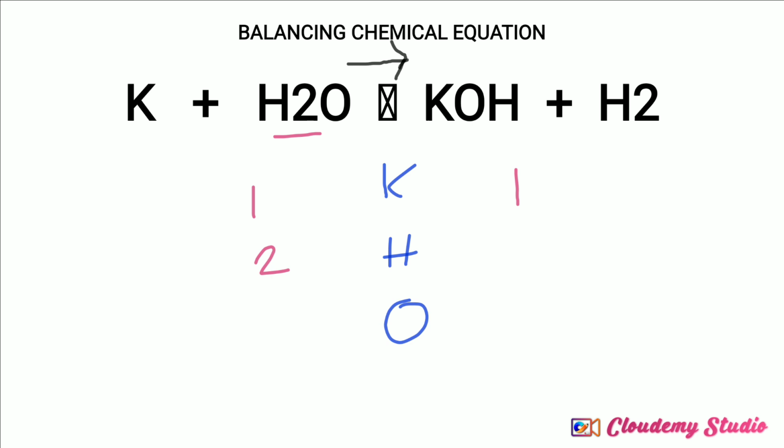At the right hand side, the hydrogen are present at two different places. Here one place and here another place. So if it is present at two different places, we can show that at one place the hydrogen is present only once.